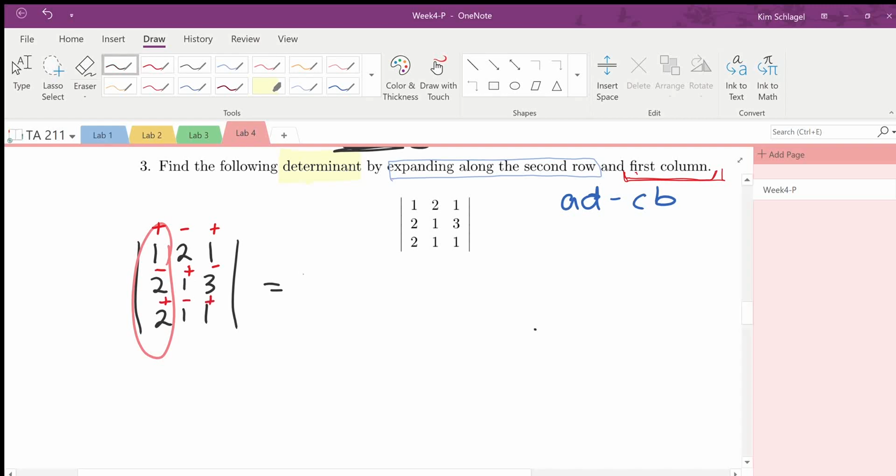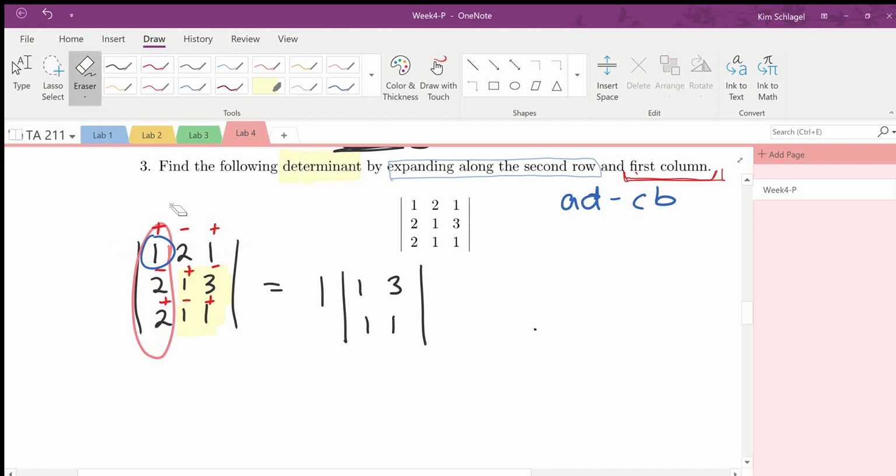Our first entry here is a 1, and we know it's a positive 1, so we have 1 times whatever's left. We cross out the row and the column that 1 is in and ask what's left over. These guys are left over, so we have 1, 3, 1, 1.